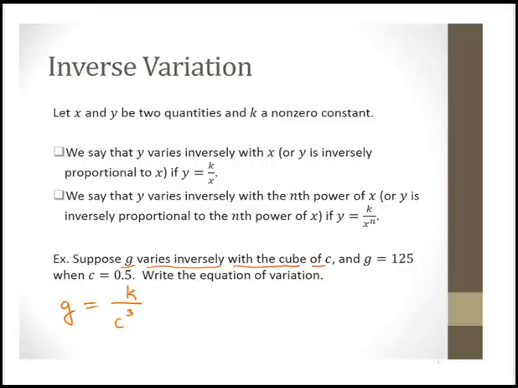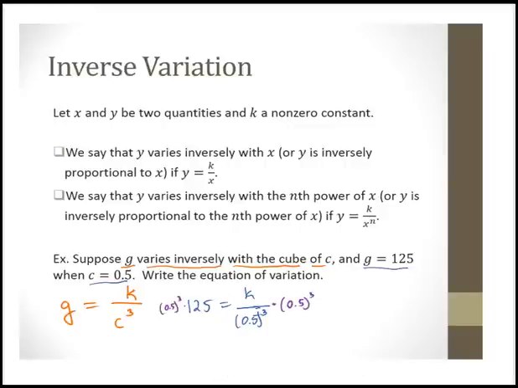Now, we're told that g is 125 when c is 0.5. So then 125 is equal to k over 0.5 cubed. Now, I can solve this equation for k by multiplying by 0.5 cubed.